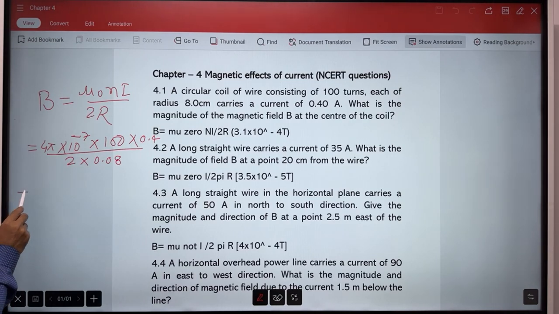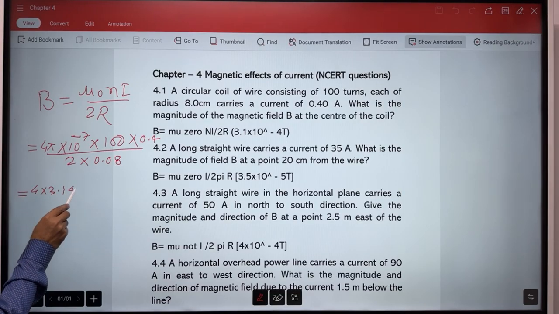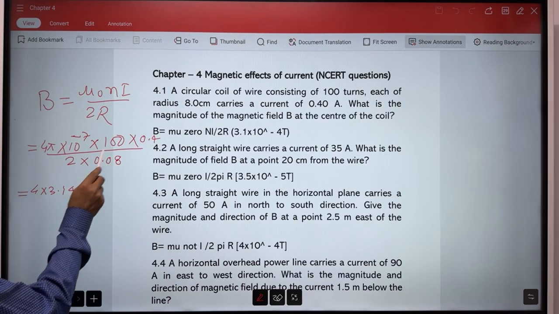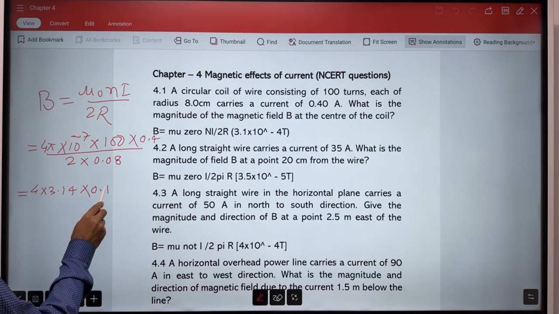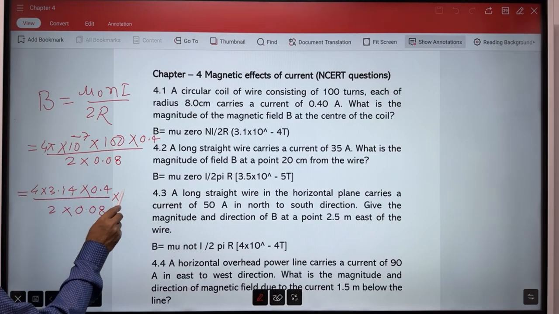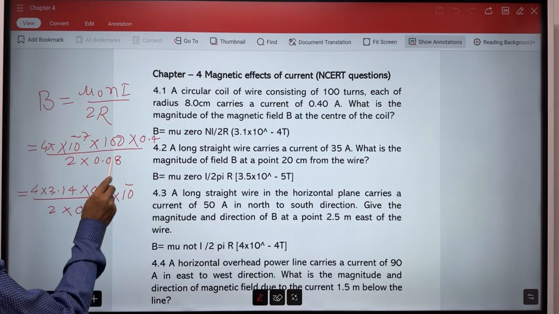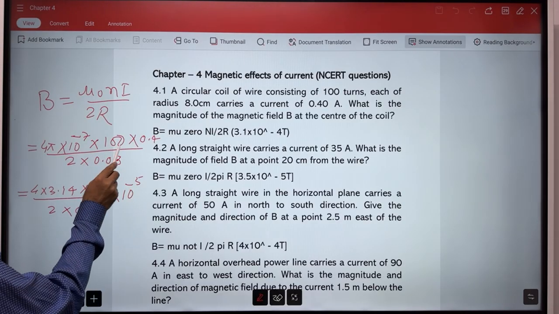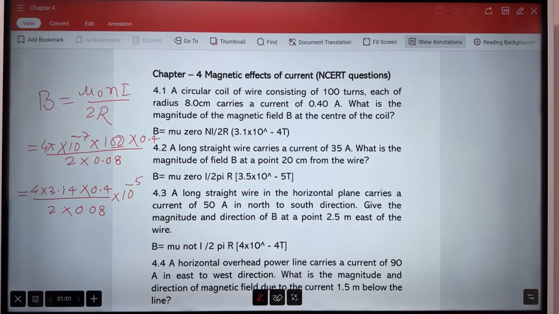Now let's evaluate it. So 4 into 3.14 into 0.4 divided by 2 into 0.08, multiplied by 10 to the power minus 5. Now we can cancel the decimal places here.